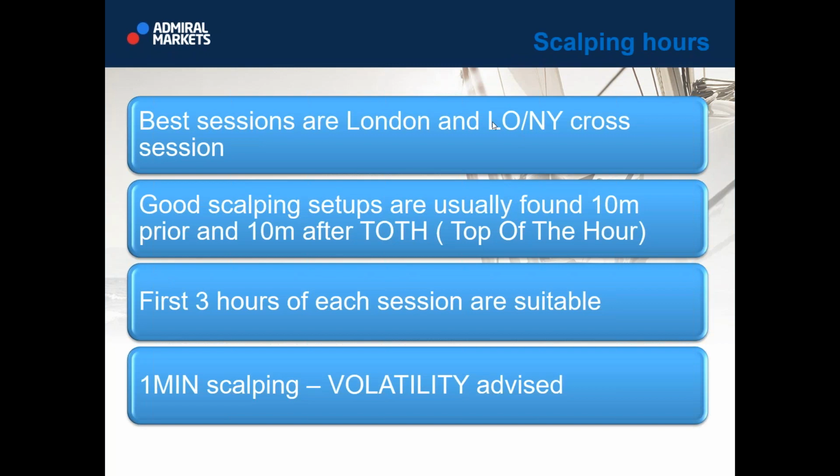For scalping hours, you don't want to trade when there is no volatility. There are some systems, and I already showed it, it's called low volatility trading, and you can actually make some trades when there is low volatility.